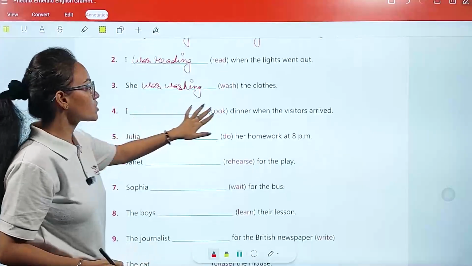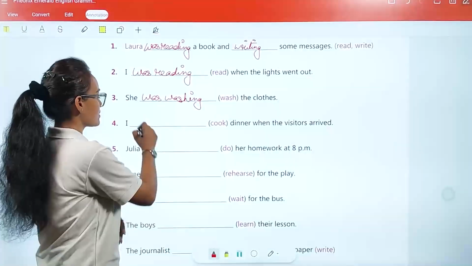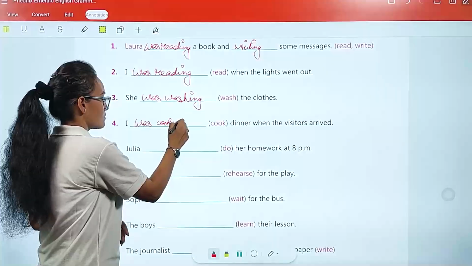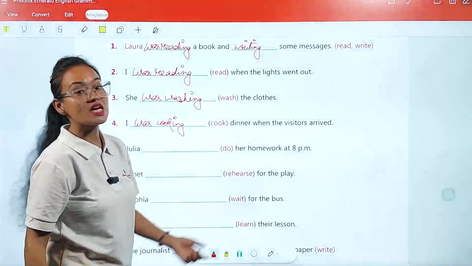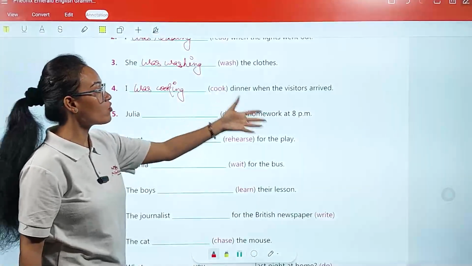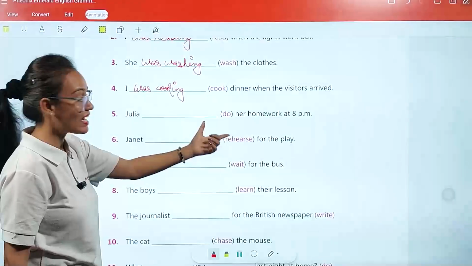I dash cooked dinner when the visitors arrived. So I was cooking dinner when the visitors arrived. Julia dash do her homework at 8 p.m. Julia was doing her homework at 8 p.m.